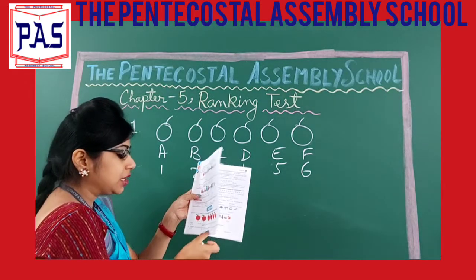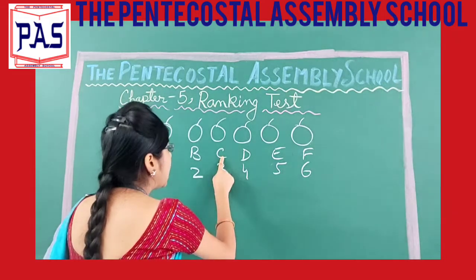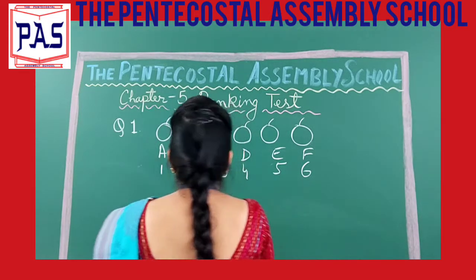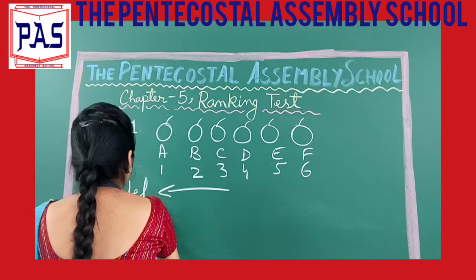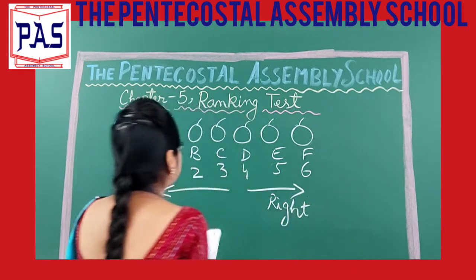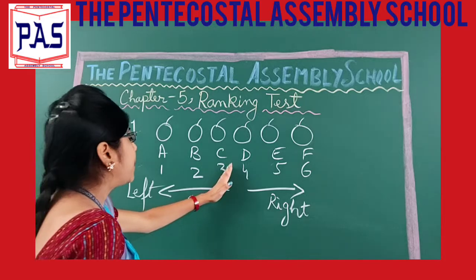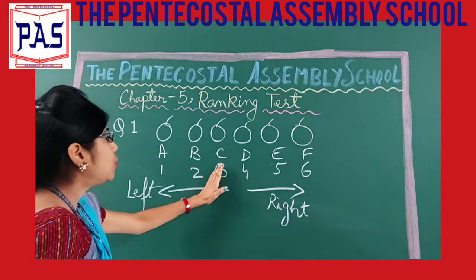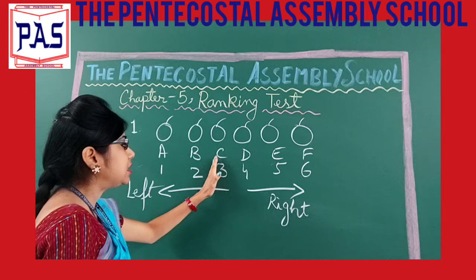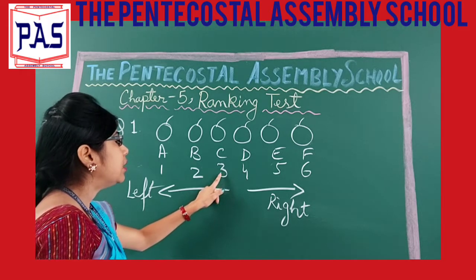According to the question, apple dash is the second apple to the left of the third apple, in respect to apple C. The position of apple C is third, and which apple is second from it, from the left side?